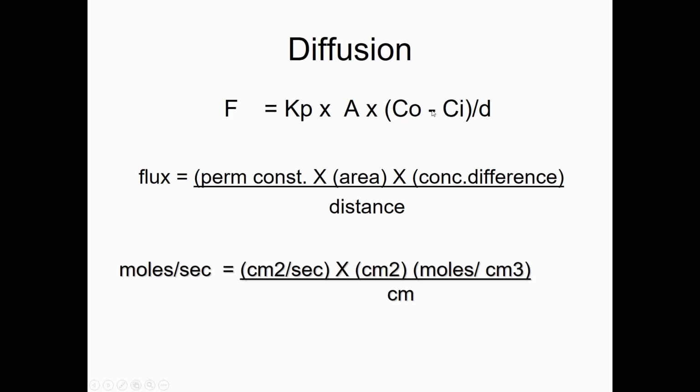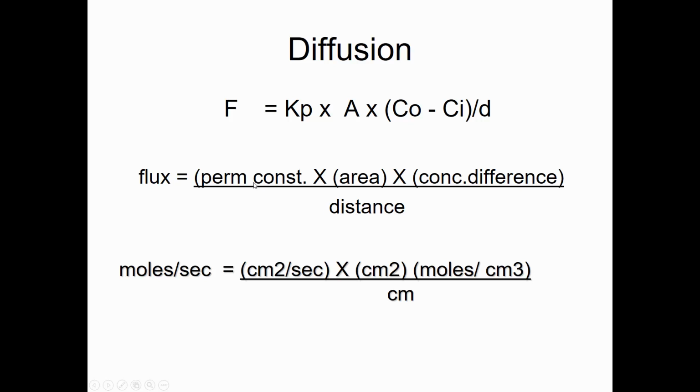The bigger the concentration difference, the faster the flux. And what's the distance? The farther the distance, the lower the flux. So you take these units and you plug them in, and you see that we get moles per second equals moles per second. I'm not going to ask you to calculate anything with this. I just want you to think about what's the substance, what's the area, what's the concentration difference, what's the distance.